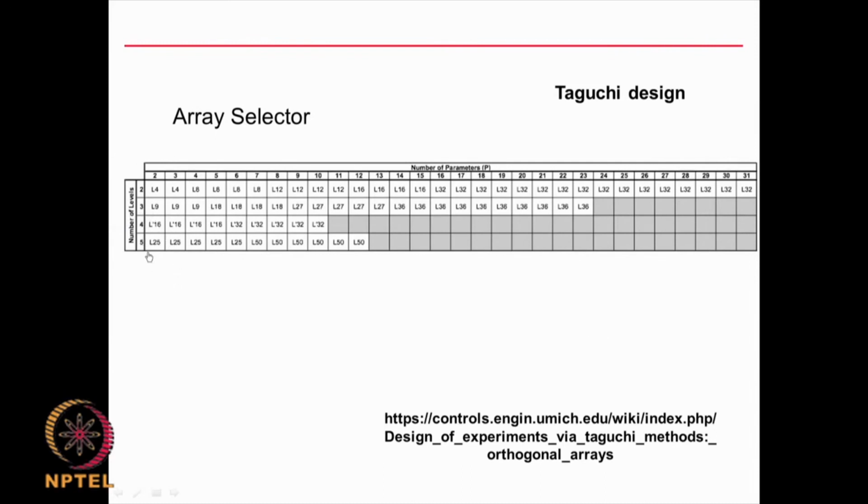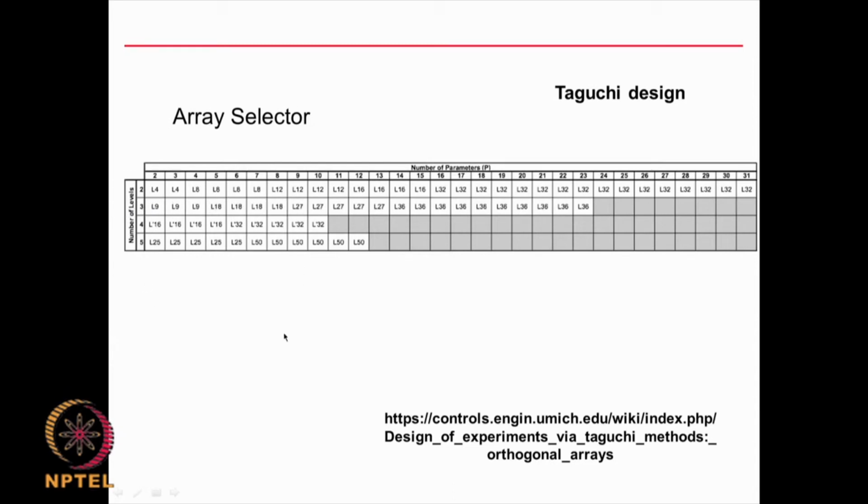So, if you look at this table, there are tables available like L9, L18, L27, meant for 3 levels and so on. L16 is meant for 4 levels, L25 and L50 tables are available for 5 levels. So, standard tables are available, we just pick up and use them. Let us look at 2 levels.